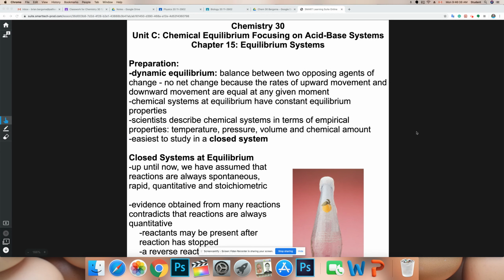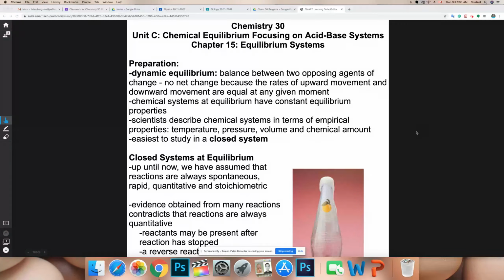We talked about a lot of those before. When we're thinking about a chemical system at equilibrium, all of those are balanced out. It's not changing temperature, pressure, volume, or amount anymore. It's reached that point where the forward reaction and reverse reaction are equal and opposite.